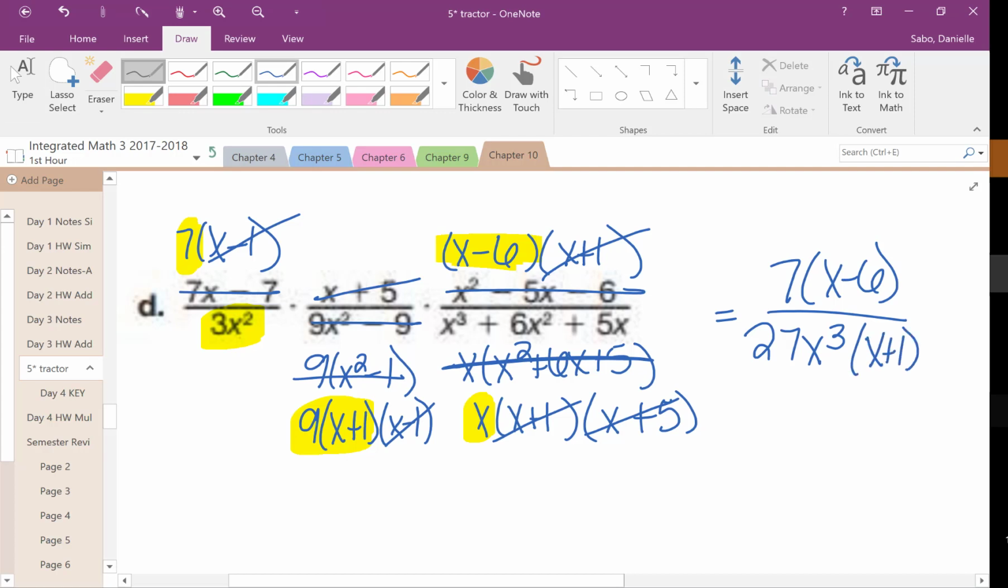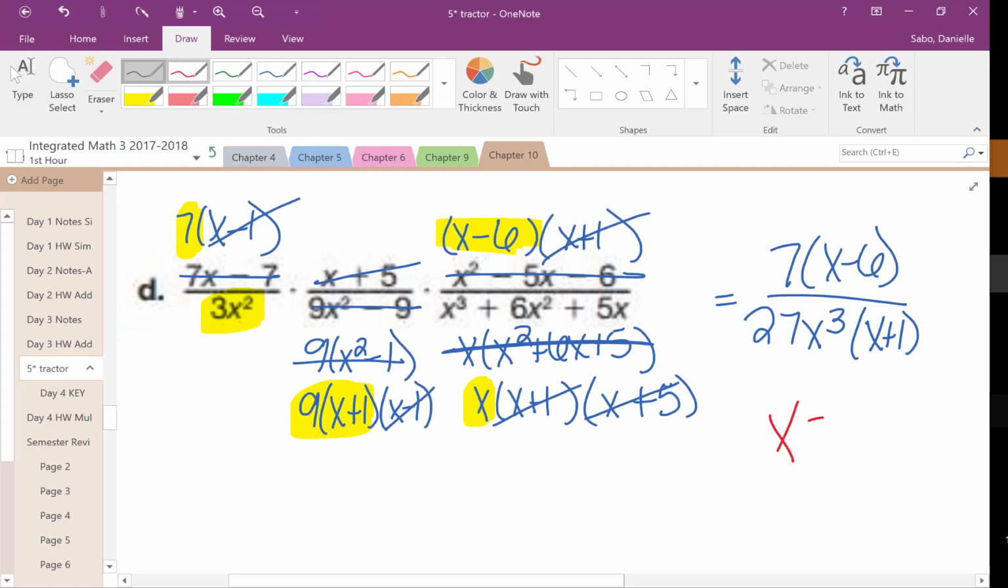Okay. Now, here we go. Restricted values. X cannot be, piece by piece. What makes this piece in the denominator equal to 0? Negative 3 times 3 is negative 9. I want 0 on the bottom. I don't want 0 on the bottom.